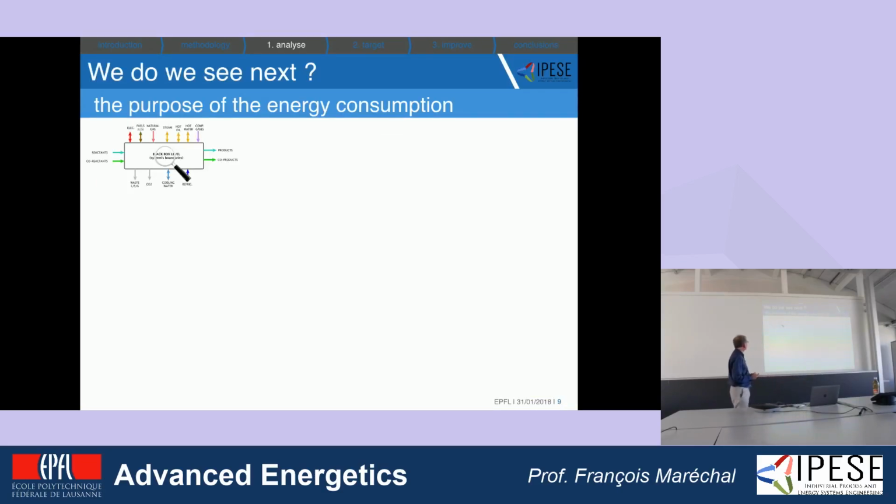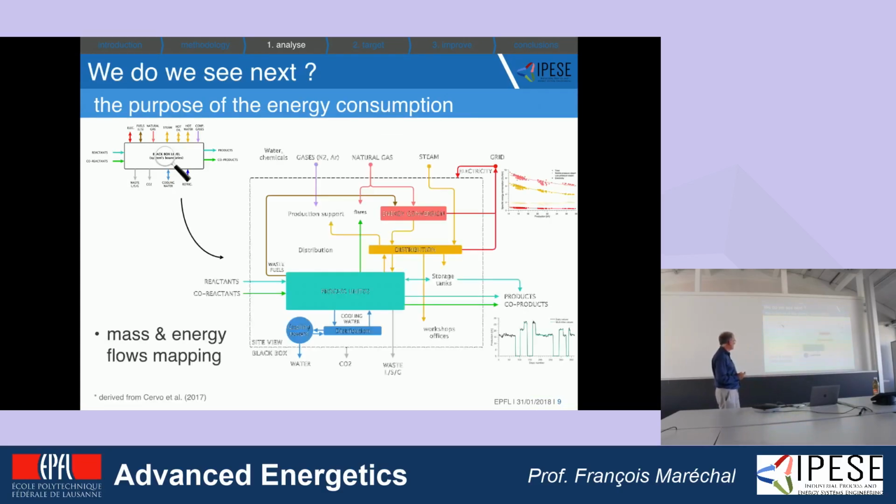And I'm going to try to understand what is happening there. And what is happening there means mainly tracking where the energy is flowing and under which form this energy is consumed.